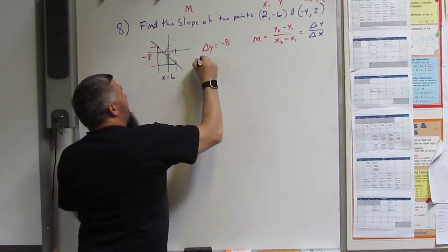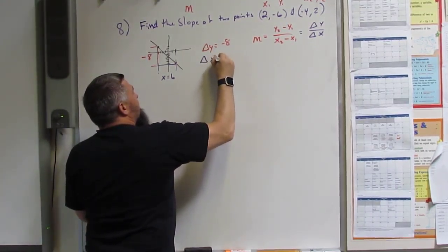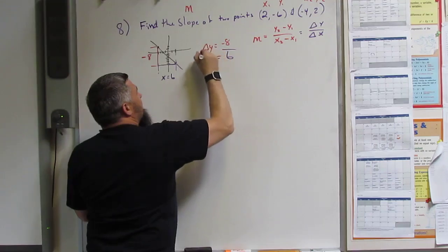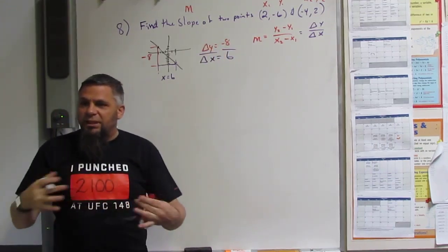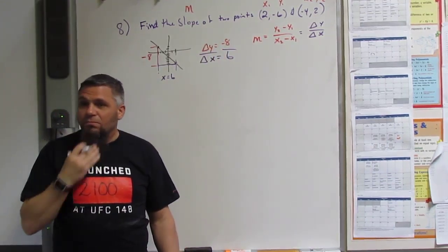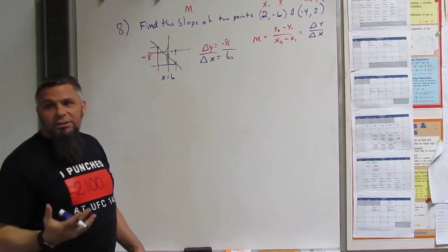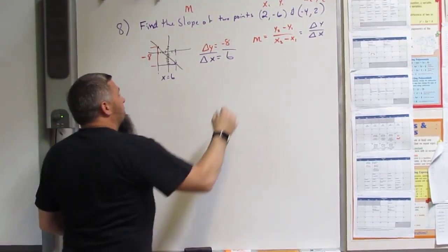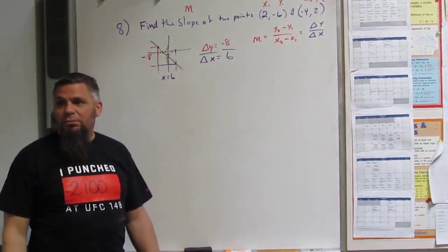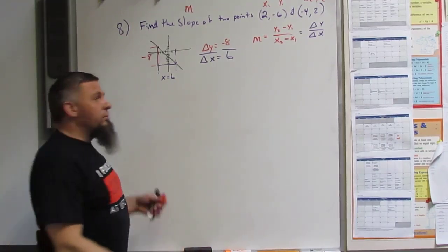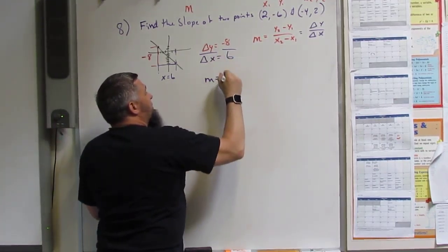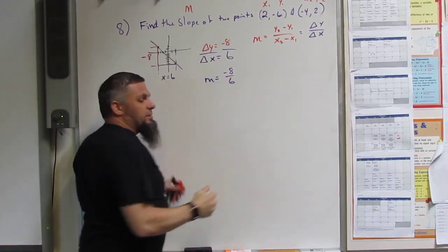And the difference in x is equal to 6. And this is the way they teach it, right? Some teachers, and I teach it, right? And so I have my slope. That's the slope, right? So m equals negative 8 over 6.